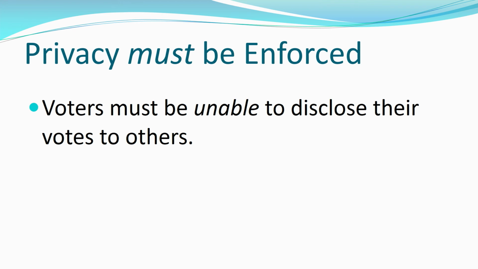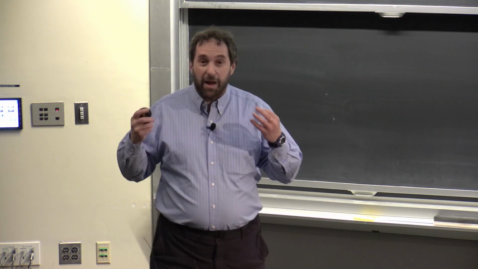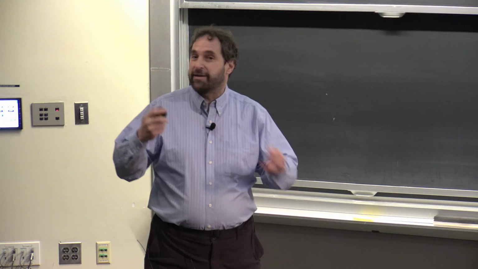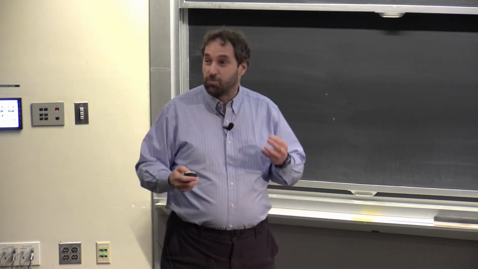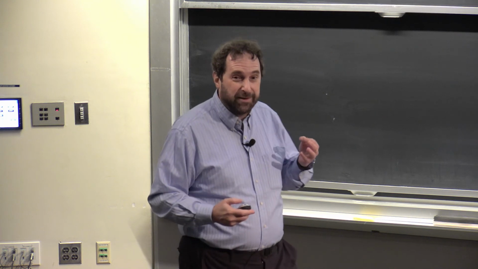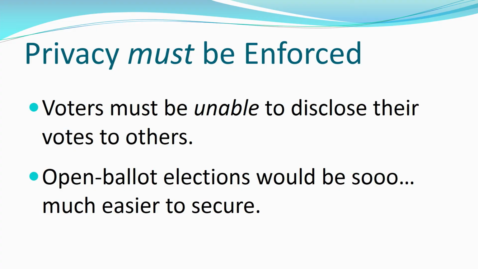For an election, I should not be able to show anybody else how I voted, even if I want to. I can show other people my medical records and my bank statement, but I can't show you how I voted. I can make a claim, but I can't convince you. That's really hard to make happen. And if we didn't have that property, elections would be so much easier.